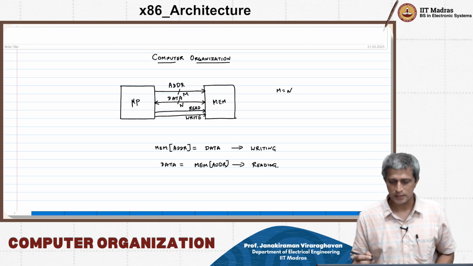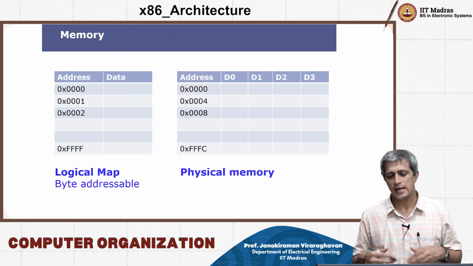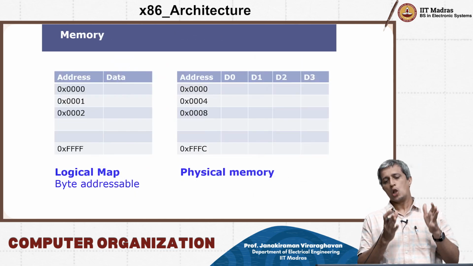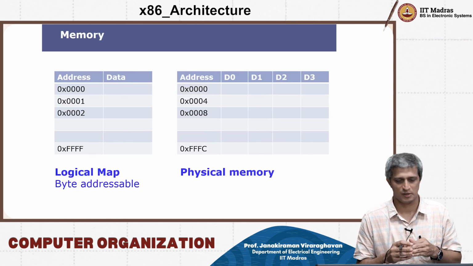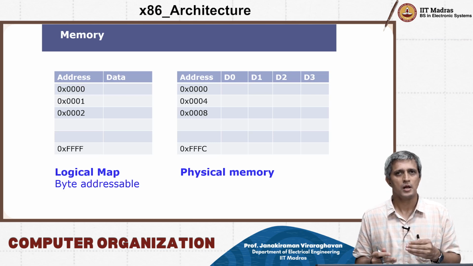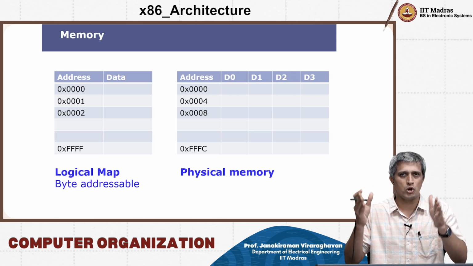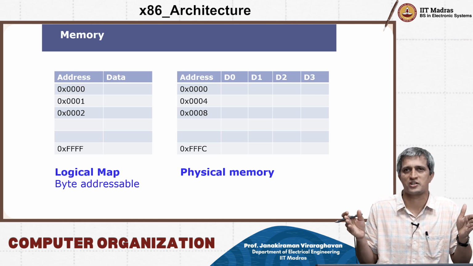So what is the kind of memory that we are going to use? We basically have what is known as a logical map of the memory, and this has to be byte addressable. Shown here for example are 4 hexadecimal digits, which means it's a 16-bit address.